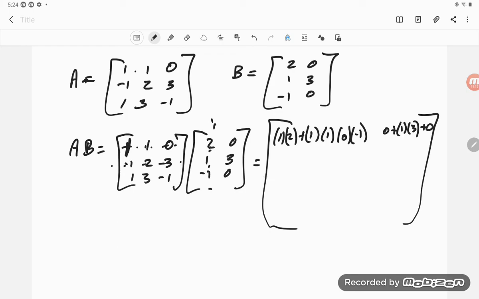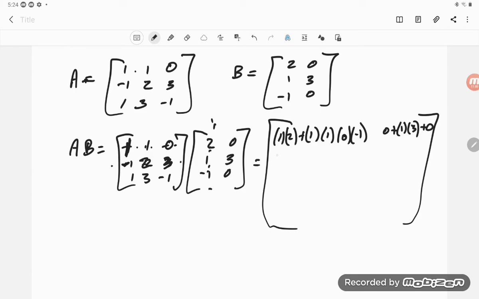Now for the second row, I have my minus 1, 2, and 3. I'll get rid of the extra stuff so it's not quite as confusing.